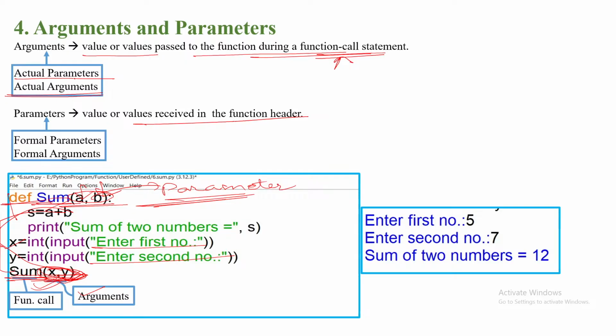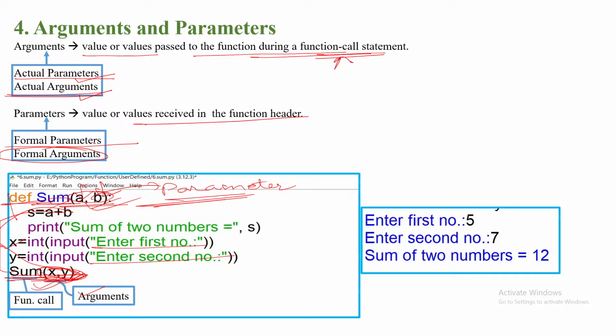And parameters are also called formal parameters, meaning just a formality, and formal arguments. Sometimes it is given as arguments, sometimes as parameters, but do not be confused. Whenever formal argument is asked, obviously it is for parameters only, right?